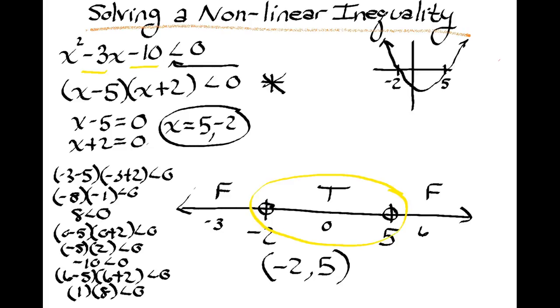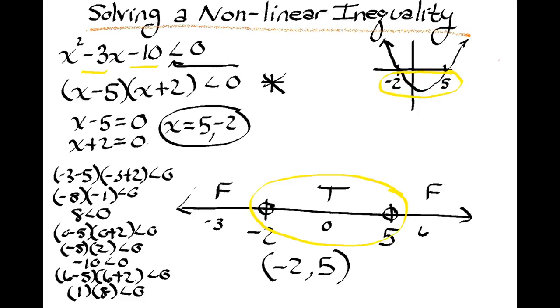When I'm looking for values of a nonlinear polynomial that are less than 0, I'm looking for the x values that make my graph negative. And which part of my graph in this picture has negative y values? It's the part of the graph that's below the x-axis.